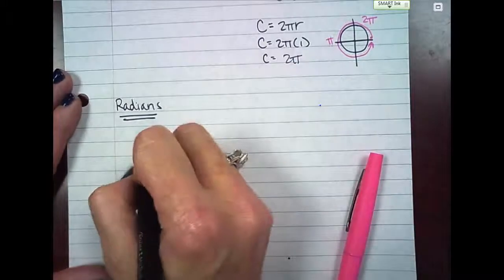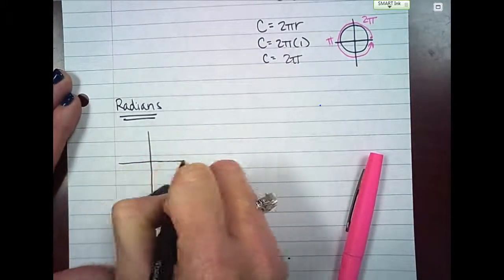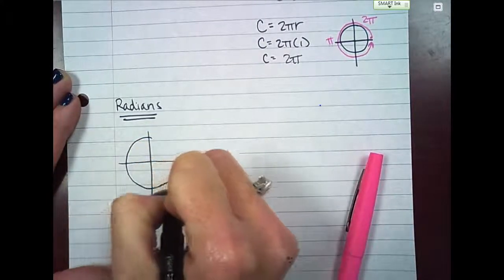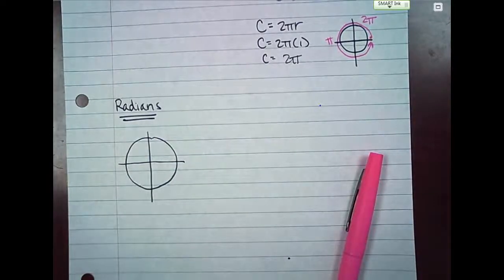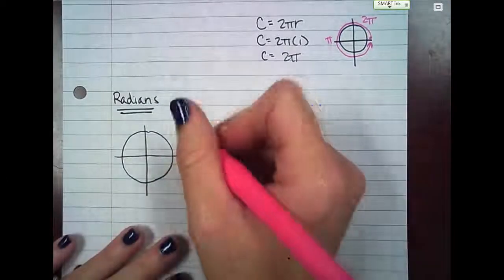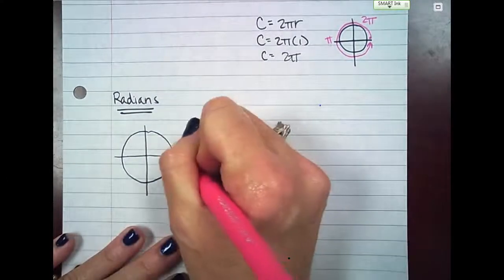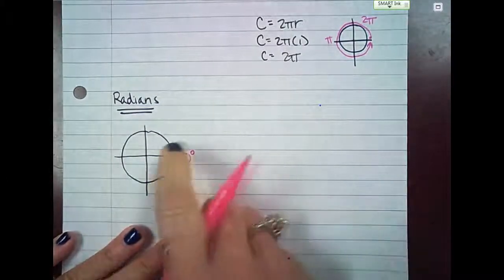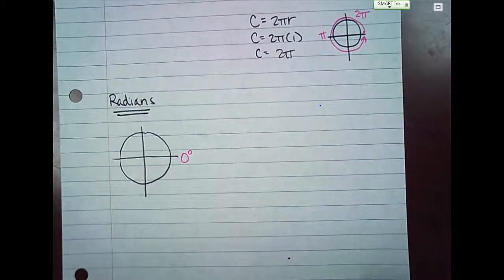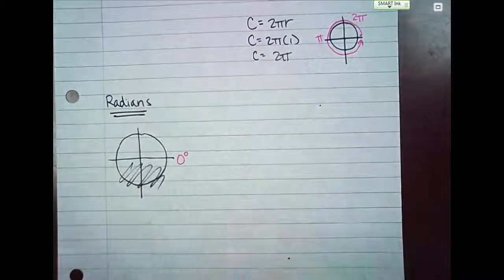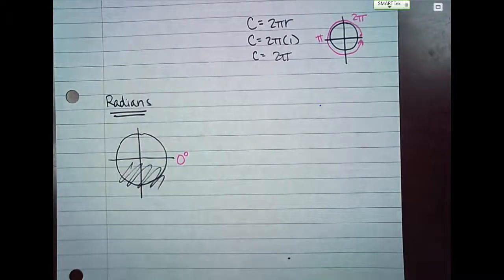If we have a circle, and we already decided that all the way around is 2 pi, so this would be 0 radians. Just like we did earlier, we kind of ignored the bottom half for a while. You can do it on your circle or on my paper.